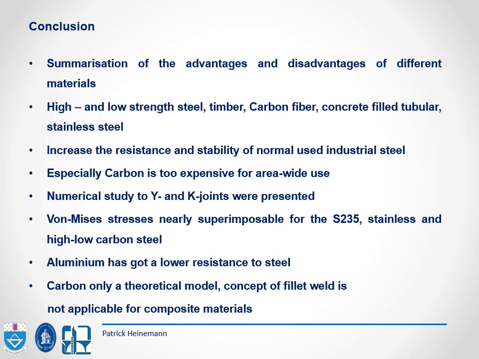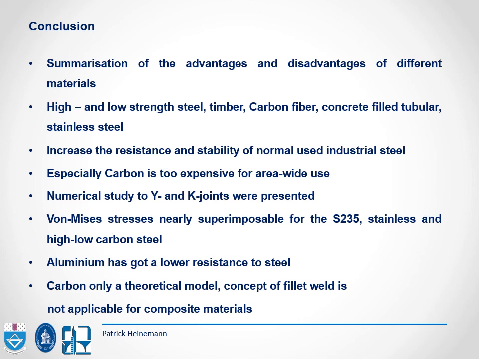To come to the conclusion, I showed you the advantages and disadvantages of different materials. I set 6 different materials, and the general aim was to increase the resistance and stability of normally used industrial steel. Carbon especially is too expensive for industrial purposes.